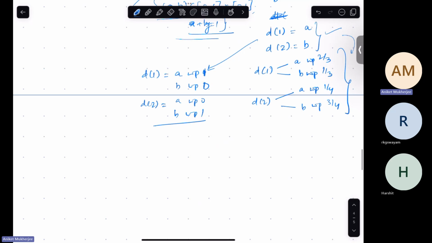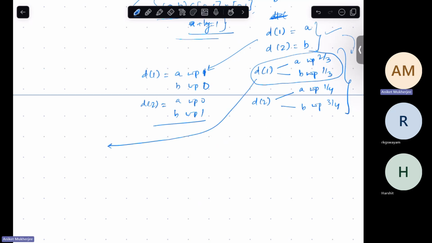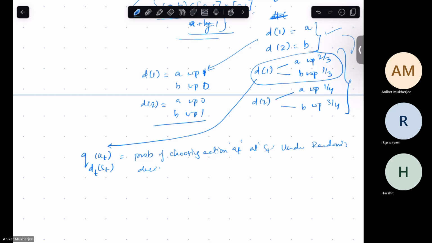Instead of writing it like this, we'll write this as Q DT ST A. This is the probability of choosing action AT at ST under the randomized decision rule DT.